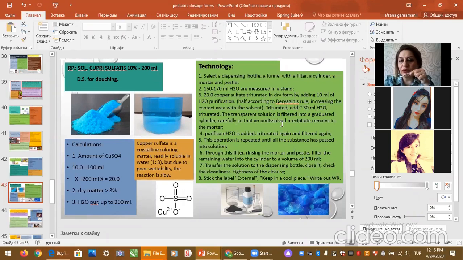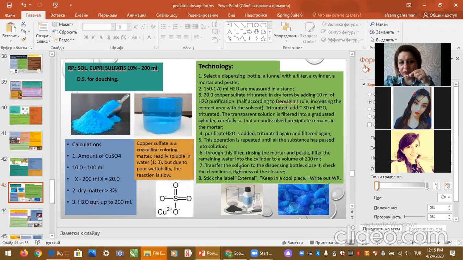The transparent solution is filtered into a graduated cylinder carefully so that an undissolved precipitate remains in the mortar. And after we again and again repeat this process, triturated again and filtered again, this operation is repeated until the substance has passed into solution. Yes? Do you remember this process?